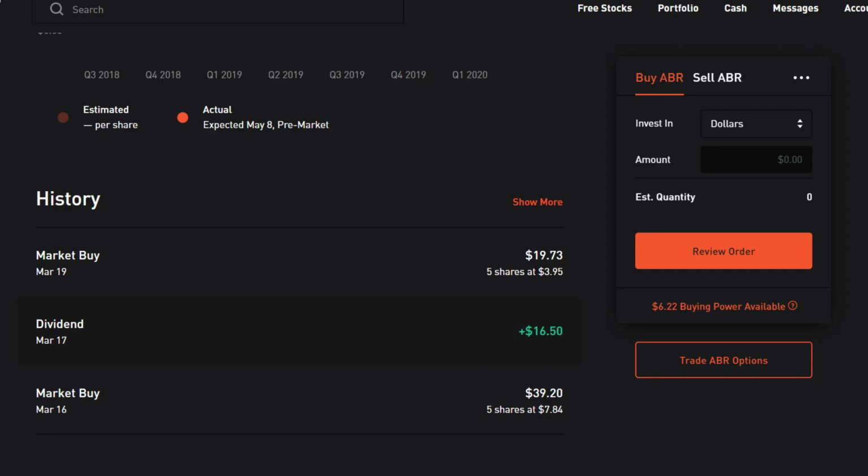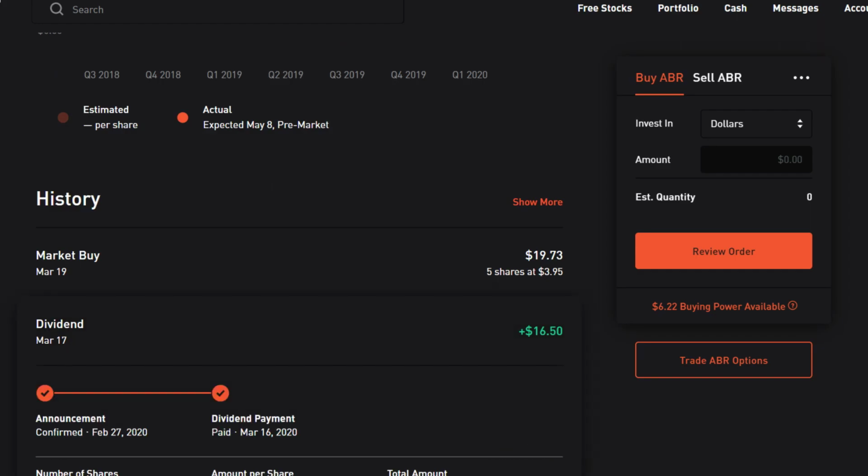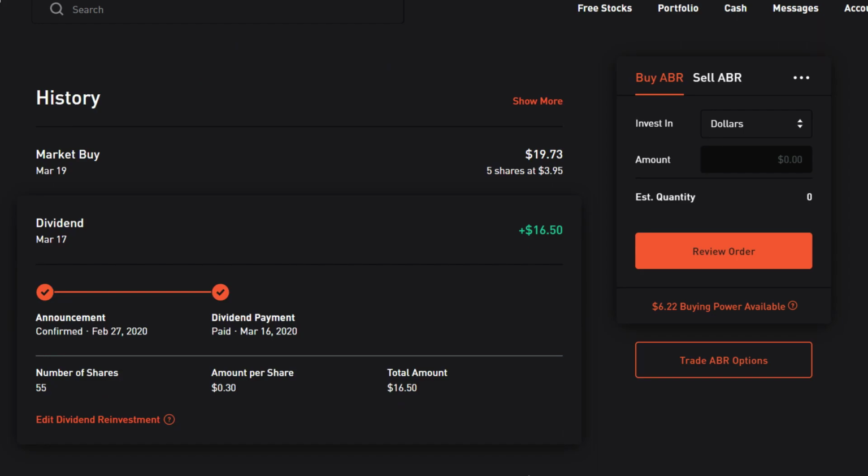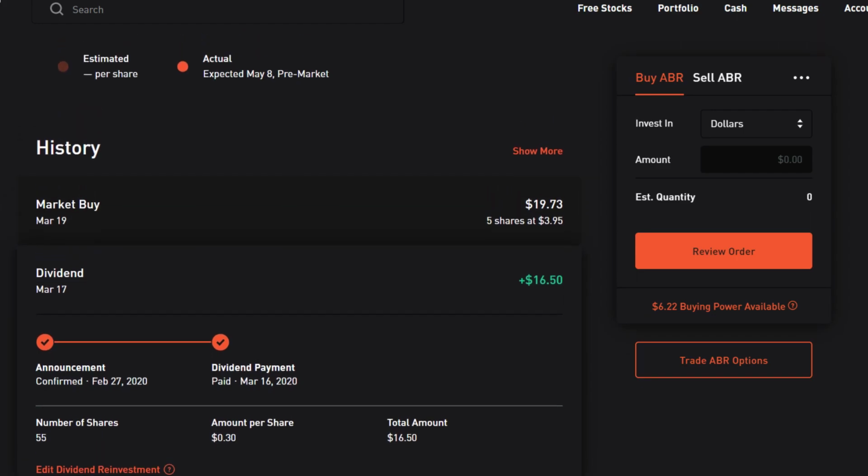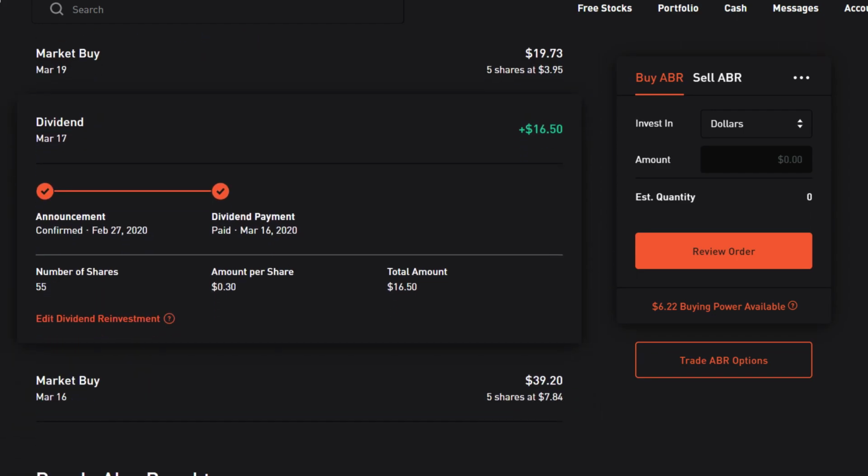So let's take a look at history. Back in March last month, I got paid a $16.50 dividend from this company. That's based off 55 shares. I've recently added 10 more shares since then, so that is 65 shares now, but off 55 shares, 30 cents per share, $16.50 was what I got.